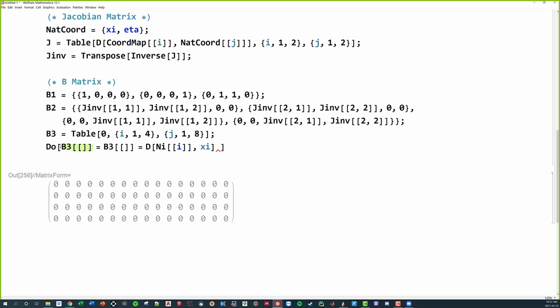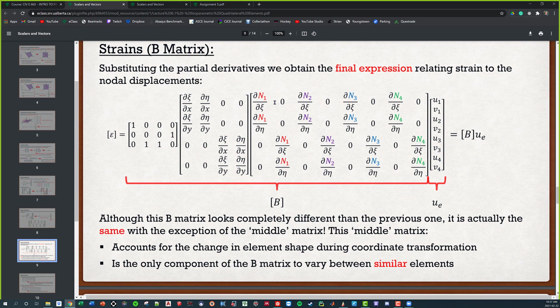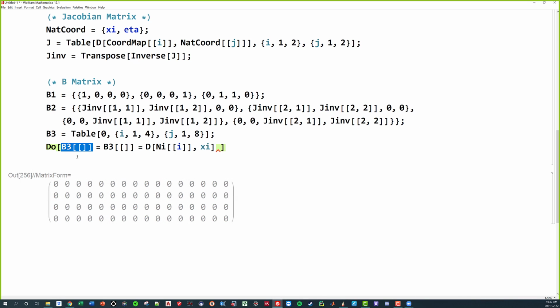So what we're doing is taking this first entry here, and the first entry is always going to be the first row. So I'm going to go 1 comma, and this will mean it's always the first row. Now I want every second entry of that first row, so I'm going to go 2i minus 1.